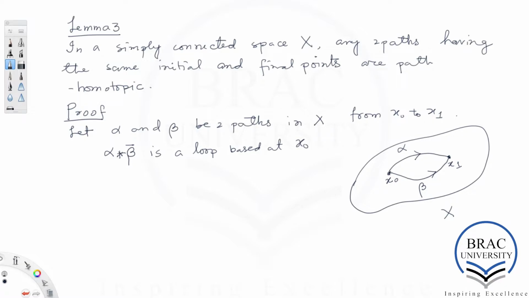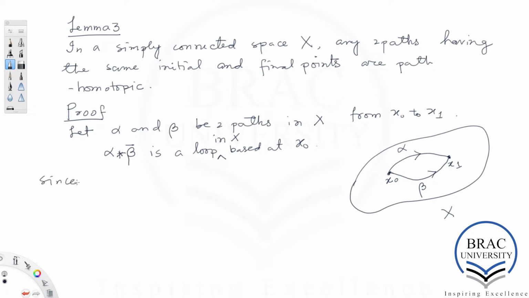You go from x0 to x1 via alpha and then get back to x0 via beta bar, the reverse of beta. So this is a loop in X based at x0.